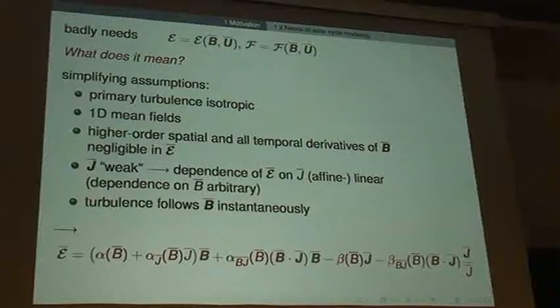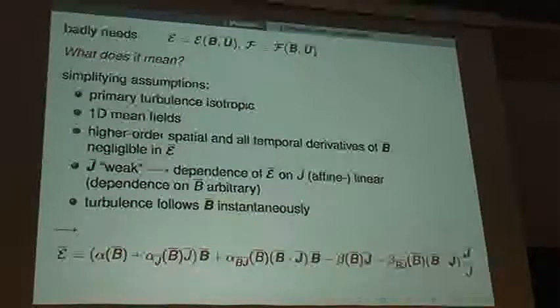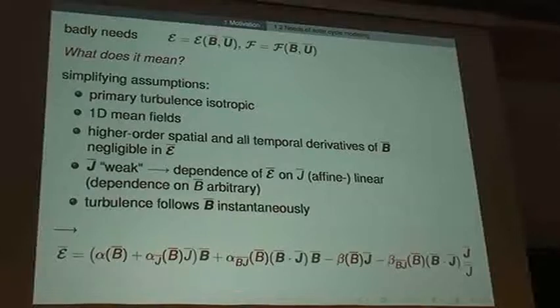You see here the electromotive force expressed at the end by 5 functions, which are here colored red. And the notation is somewhat arbitrary, because formally one would tend to say the coefficients which go as a factor of B should be named something like alpha, and those which come as a factor of the mean current density should be named something like beta, or turbulence diffusivity.